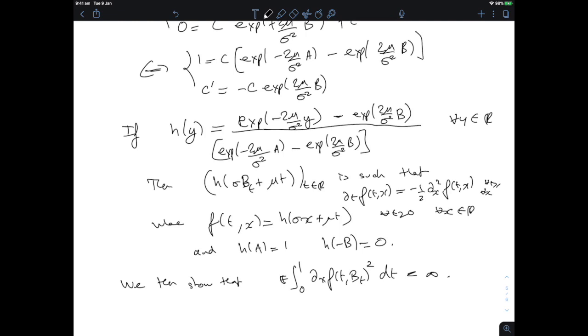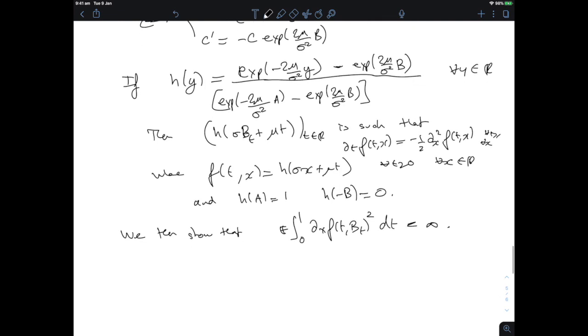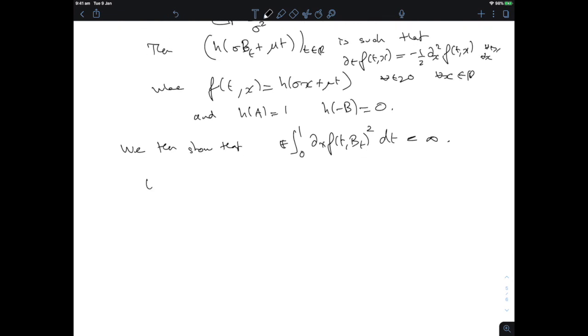Right, so let's do this computation of an integral. We've computed our partial derivatives. We have a process that has the potential to, so h of sigma bt plus mu t could be a martingale. It will be a martingale if, when I take the first derivative in x, I end up with an h2 process. So let's compute that and see what happens.